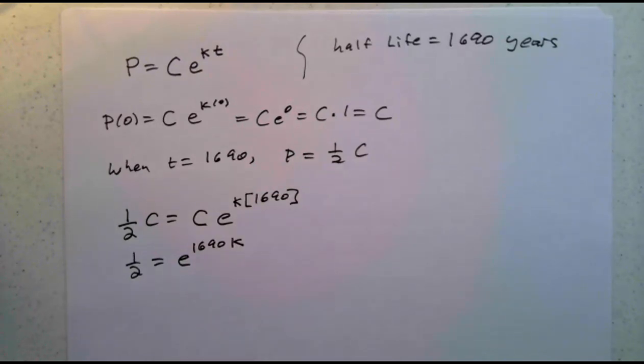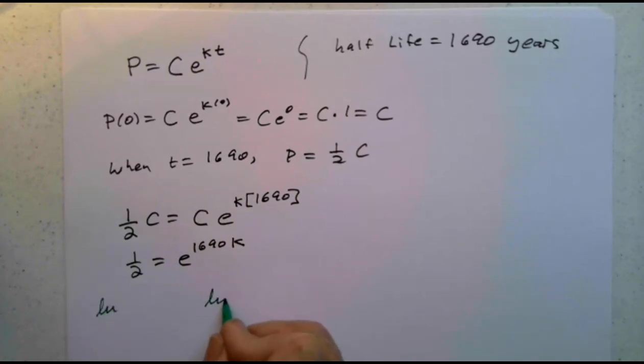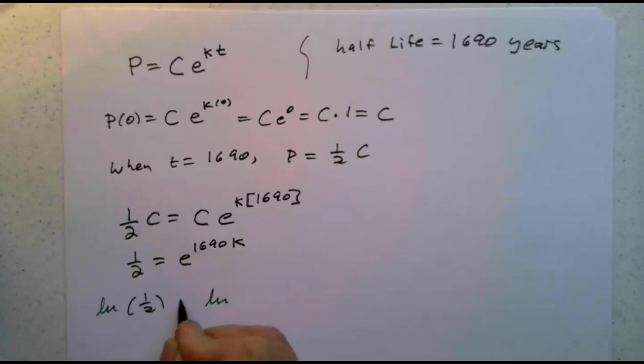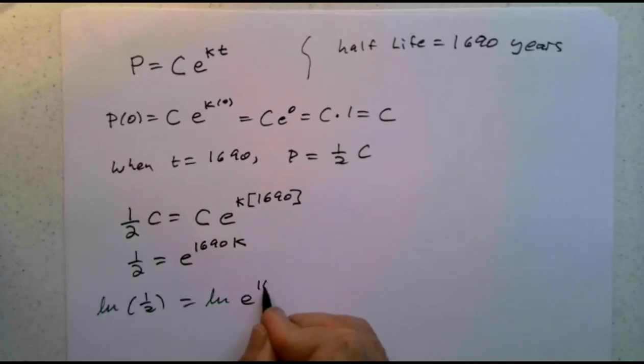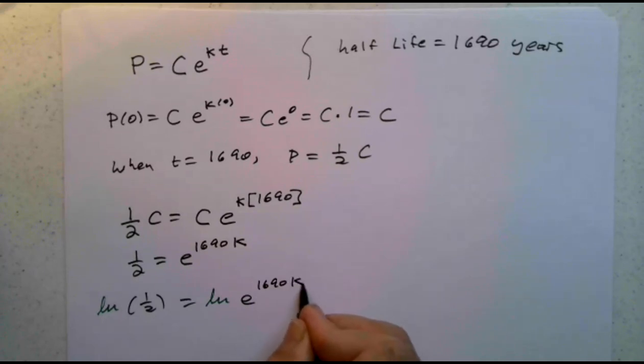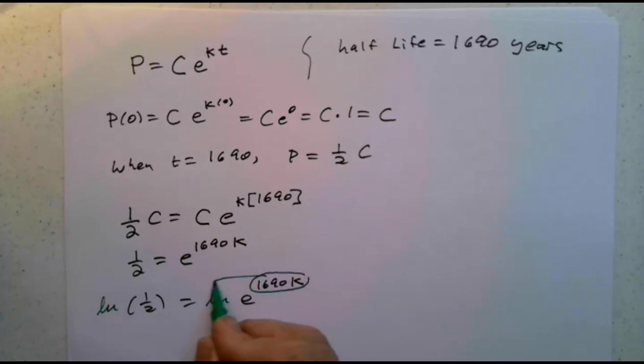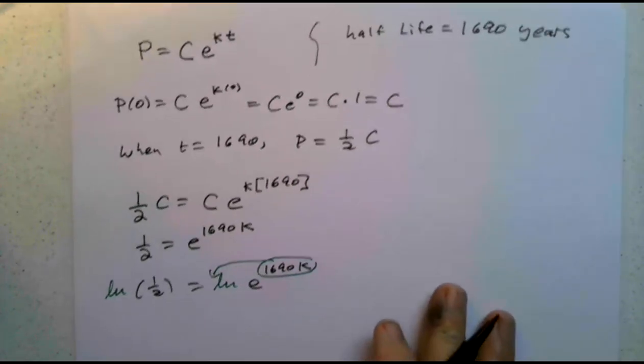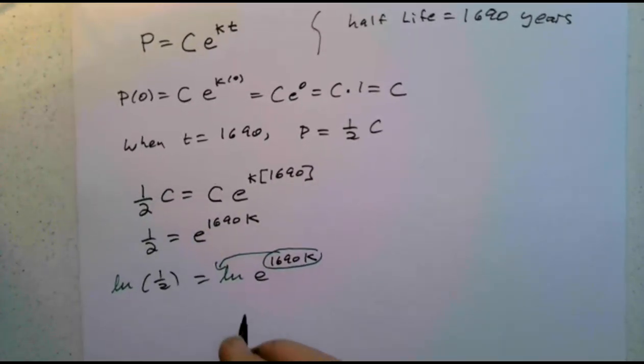So I'd like to know what that growth factor is. I'd like to solve for K. Let's go ahead and take the logarithm of both sides. Logarithm of the left side equals logarithm of the right side. So logarithm of 1/2 equals logarithm of e to the 1,690K. This exponent can come down front, and I get natural log of 1/2, which you could think of as negative natural log 2, though not really necessary.